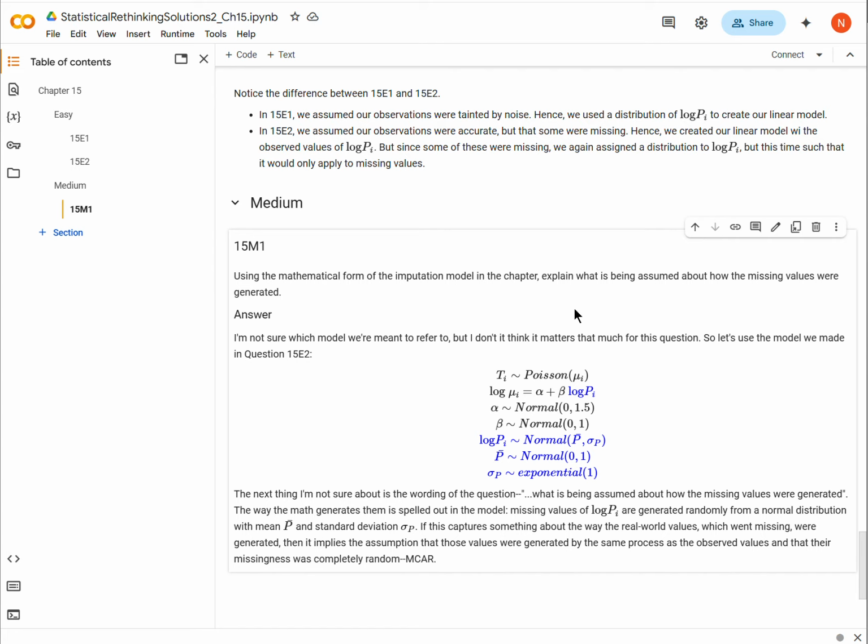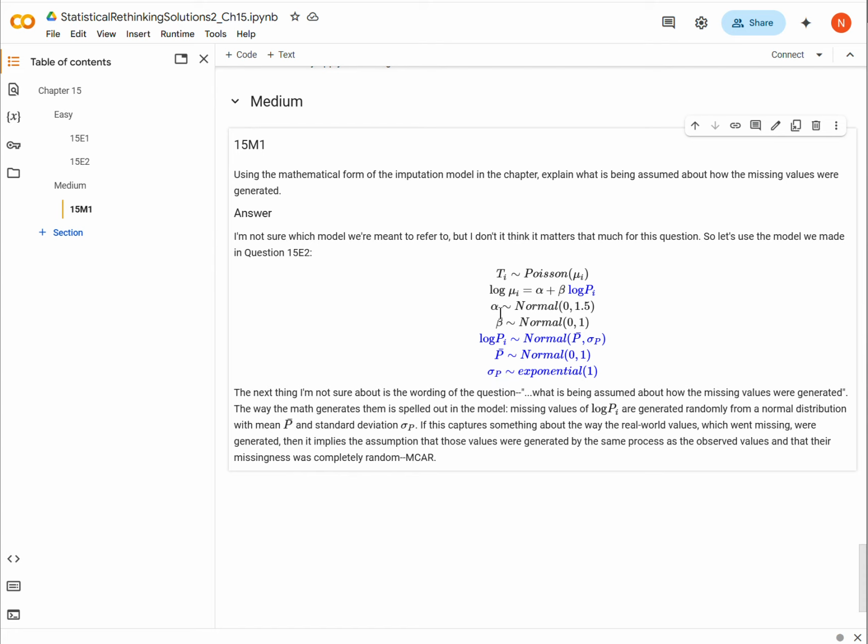Okay, so we're going to use this. And now the question feels a little oddly worded to me. We need to explain what is being assumed about how the missing values were generated. Again, we're answering it based on this model right here. If we had a different model, we may have implemented imputation slightly differently, but this is what we're going to do.